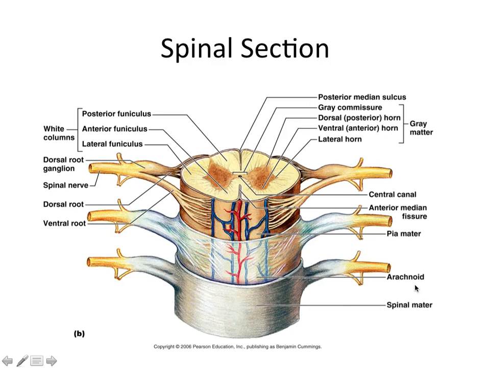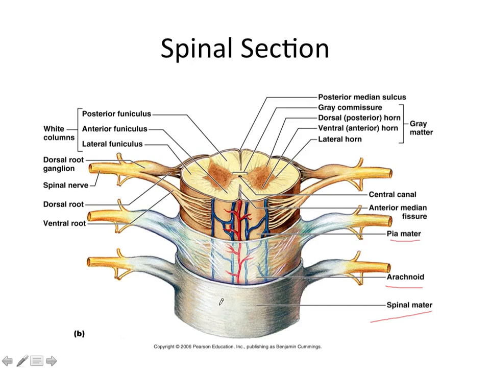Now let's zoom in on the spinal cord. The spinal cord is covered by three layers. The outermost layer is the dura mater, then we have the arachnoid mater, and the innermost is the pia mater.